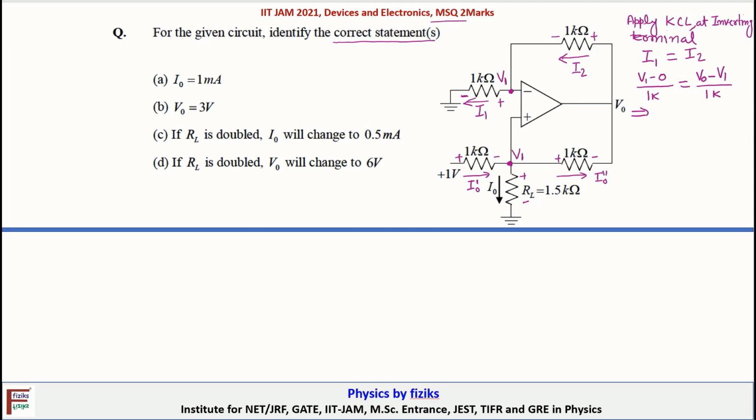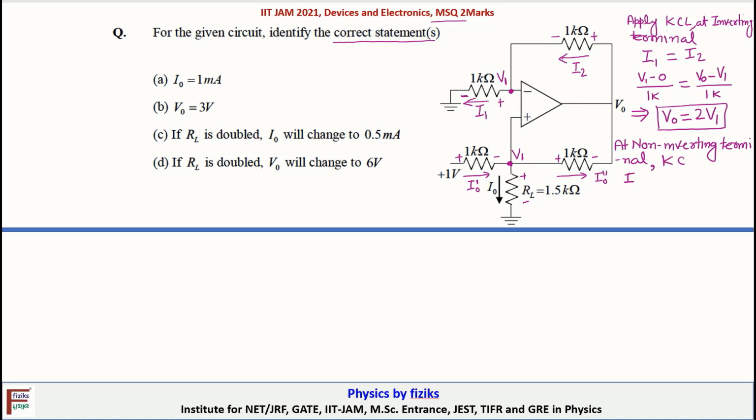So this will give you VO is 2V1. This is VO. Now at the non-inverting terminal, we will apply KCL.